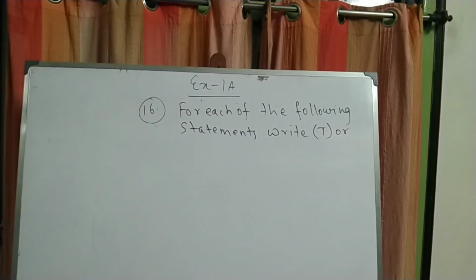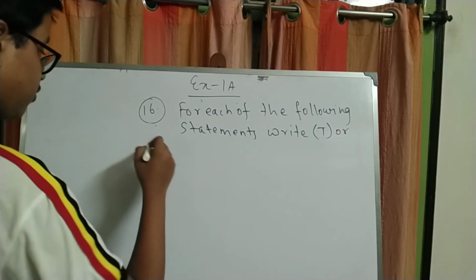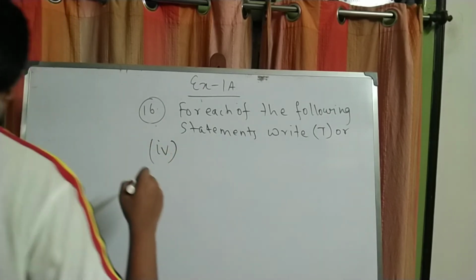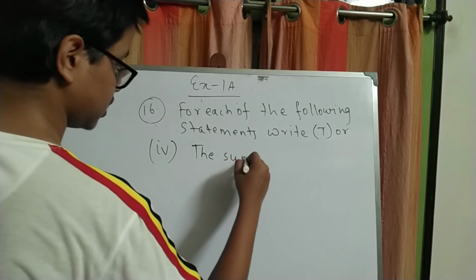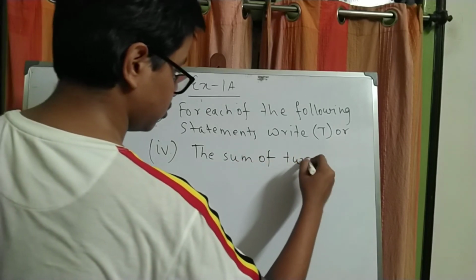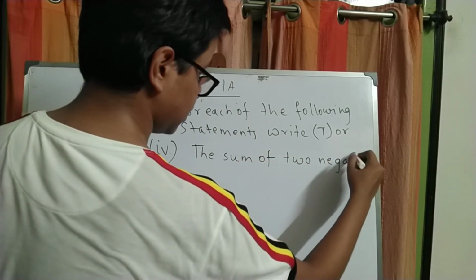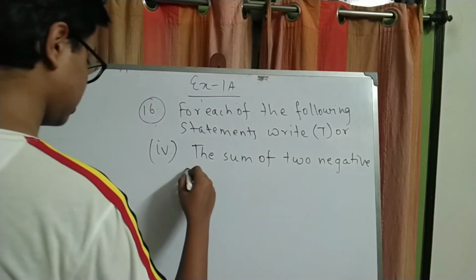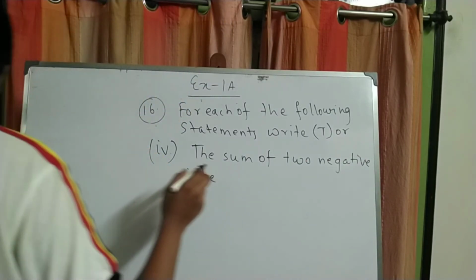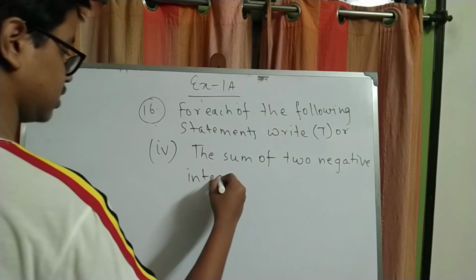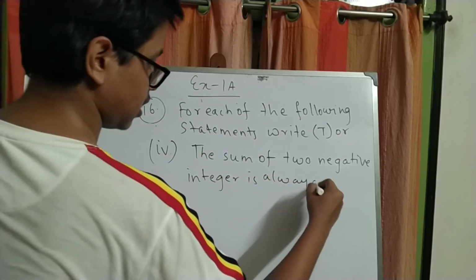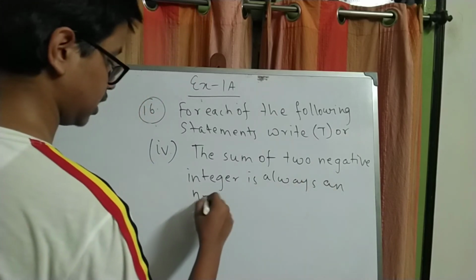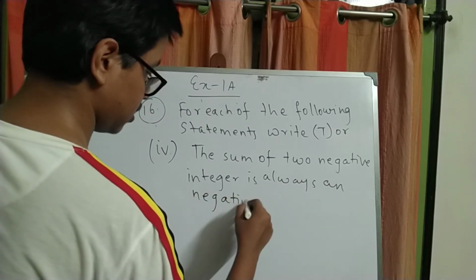Now we will come to subpart 4. The sum of two negative integers is always a negative integer.